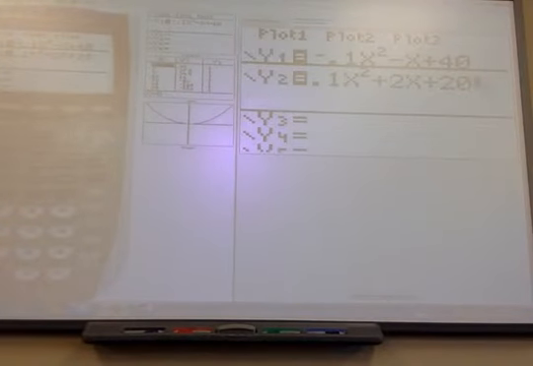All right. My only concern is so I can see those, I need to set the window so that I can see both graphs pretty well.